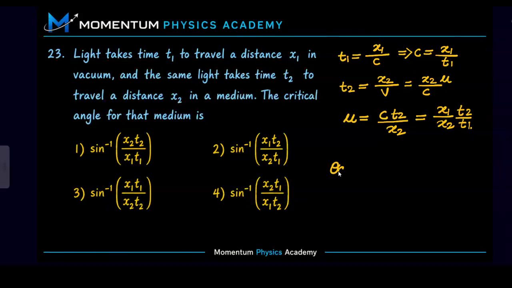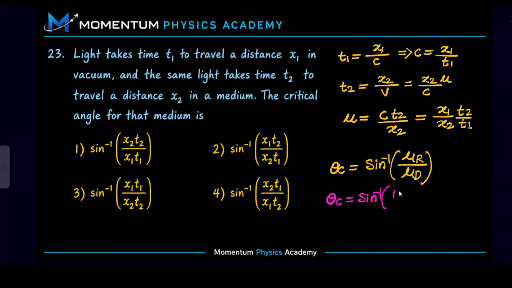Now what is theta c? Yes, sine inverse of mu r by mu d. Mu r means the rarer medium is air only, so the refractive index is 1. So theta c is given as 1 by mu.